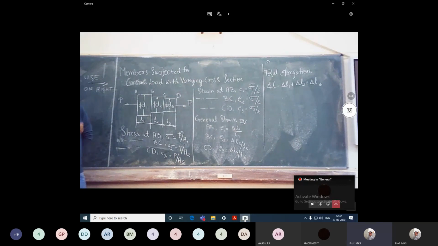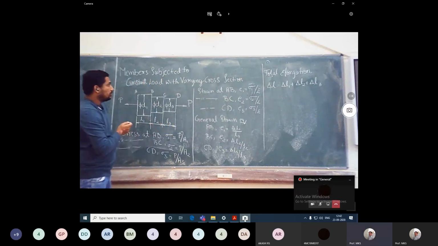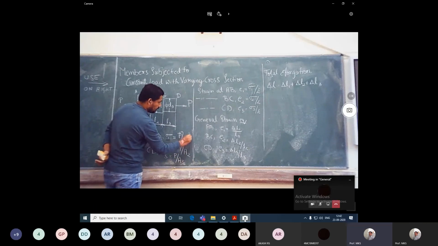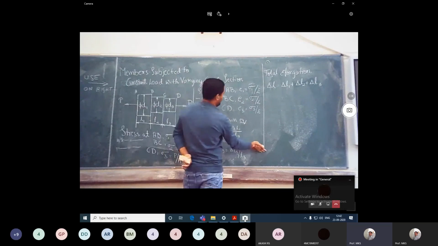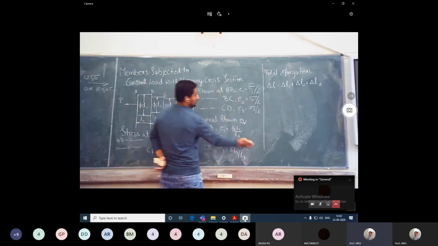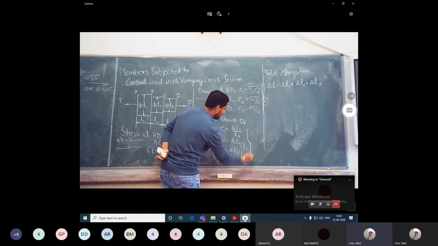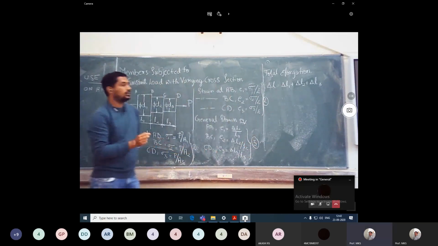So now, right? You can call these three equations together as equation 1, these three as equation 2, and these three as equation 3, right?